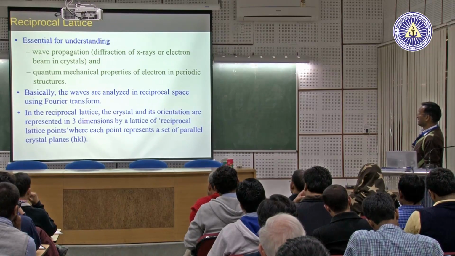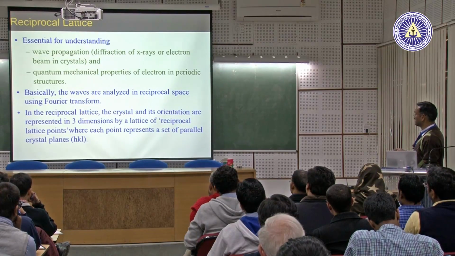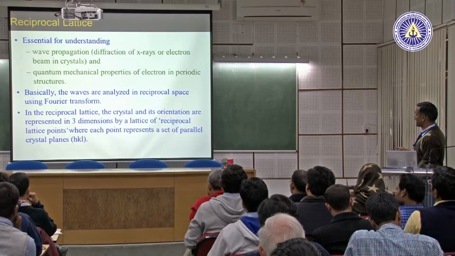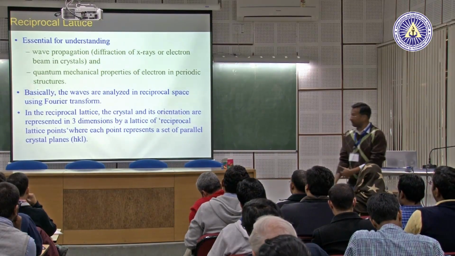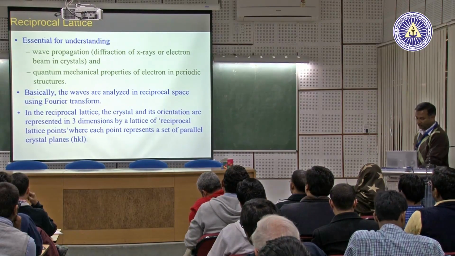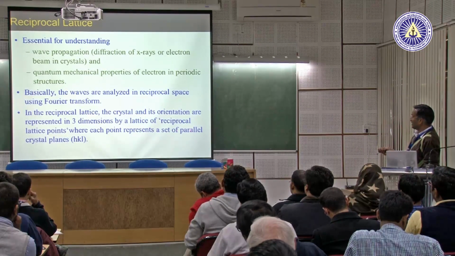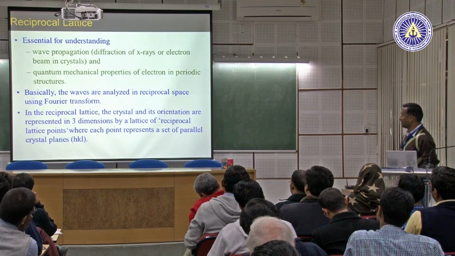So in the reciprocal lattice, the crystal and its orientation are represented in 3 dimensions by a lattice of reciprocal lattice points, where each point represents a set of parallel planes HKL.